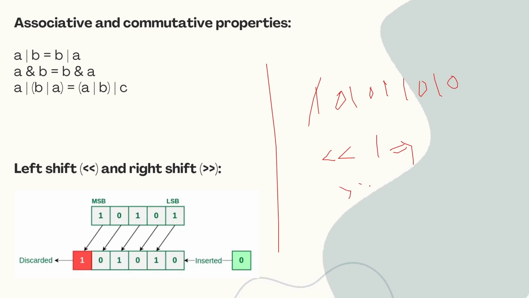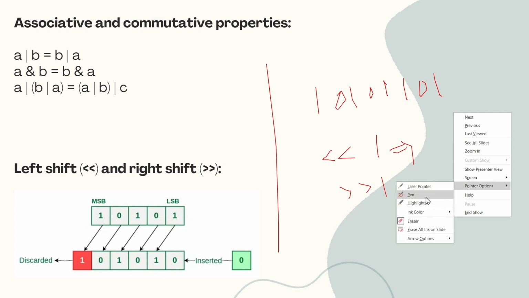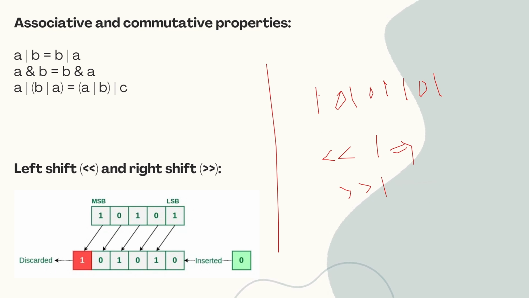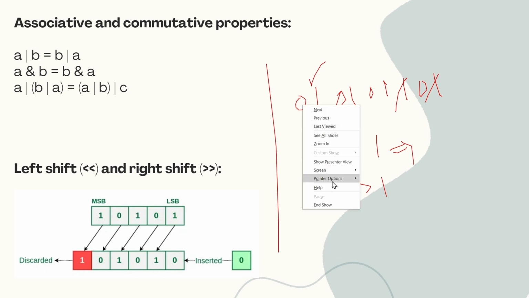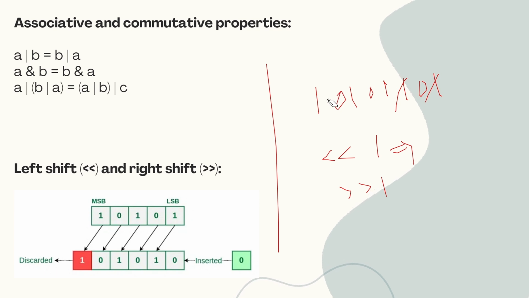Similarly, if you want to do right shift with one, what you will do? Tell me what you will do. Similarly, right shift with one, you will simply remove this one and you will add 0 here. So simply, left shift means you are removing the leftmost thing, and you're inserting 0 at the end.